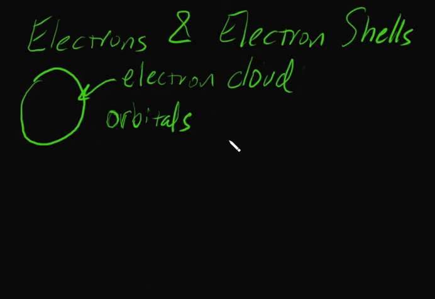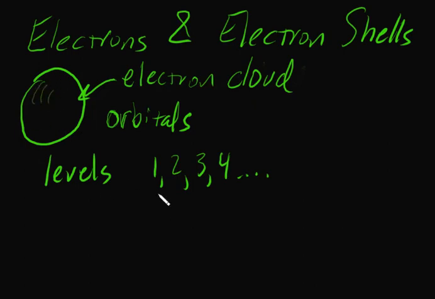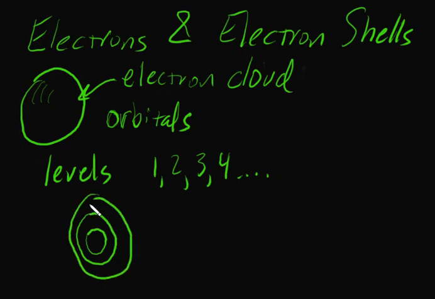Now we can break up the electron cloud into different levels. We have level 1, level 2, level 3, level 4, and so on and so forth. Basically, if we take this sphere, this is 3 dimensions, let me try to give some depth there. If we take this sphere and we create ever increasing layers of the sphere, and I know these aren't concentric, but kind of this sphere would be level 1, this sphere level 2, this sphere level 3, and so on.